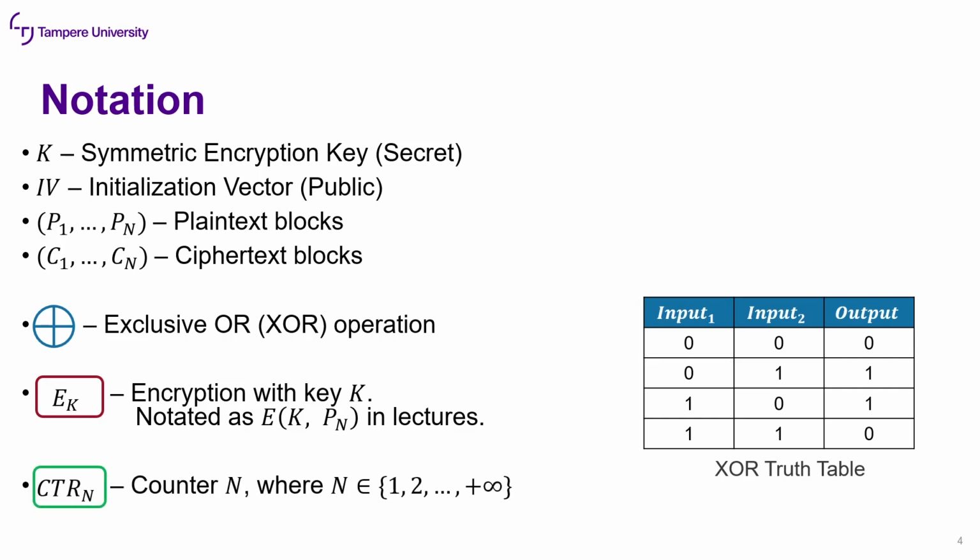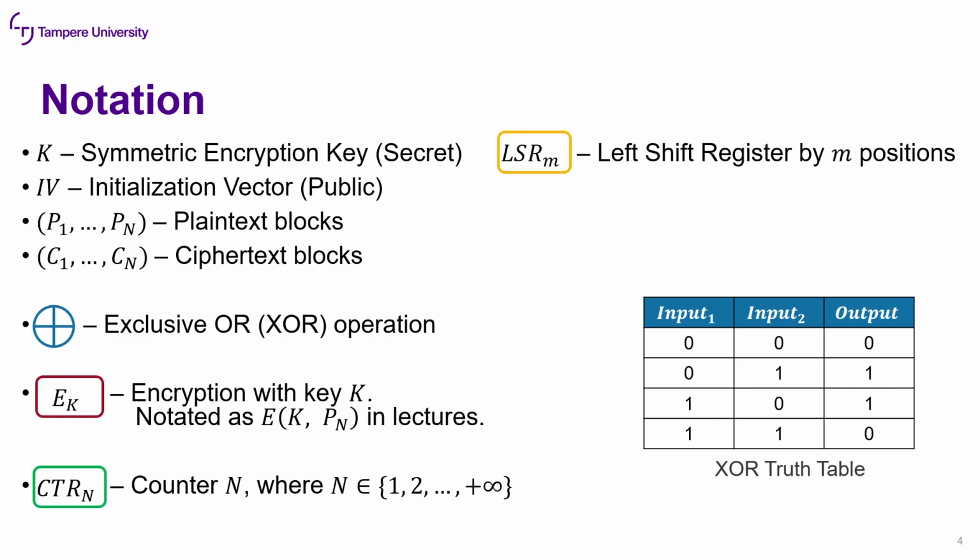Next, we'll also use counters. In this case, a counter is a very simple function that starts off at 0 and gets iterated by 1 for each new counter that exists. So we'll denote counter n as a different counter and a different iteration from it, starting from 1 to plus infinity. And lastly, we'll use something known as a left shift register.